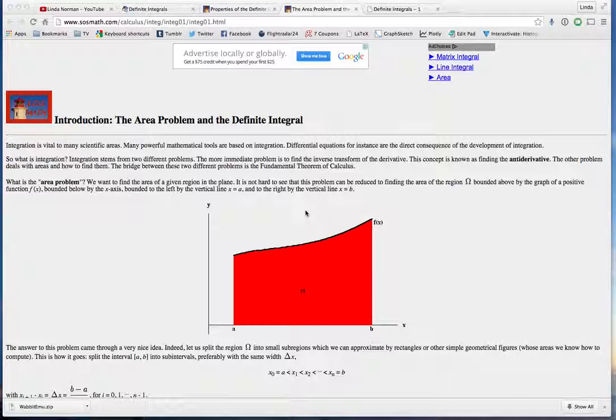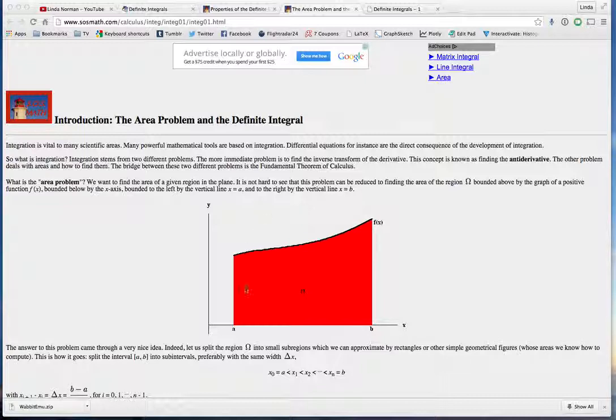The integral, while algebraically done by taking an antiderivative, is actually a geometric construct, and what it represents is the area under a curve bounded between two values.